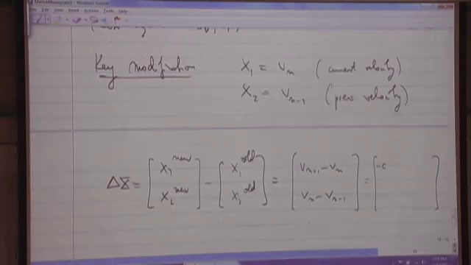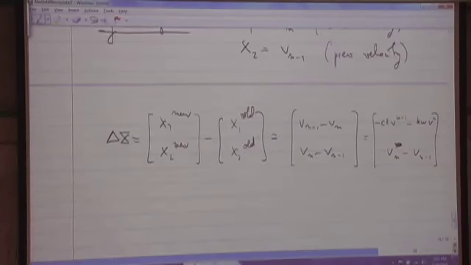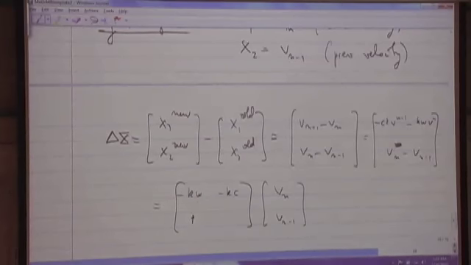So this is going to be minus Ck Vn minus 1 minus K W Vn, and Vn minus Vn minus 1. One more step: you can isolate the x1, so Vn and Vn minus 1, and you can see what this matrix is: minus Kw, minus Kc, 1 and negative 1.